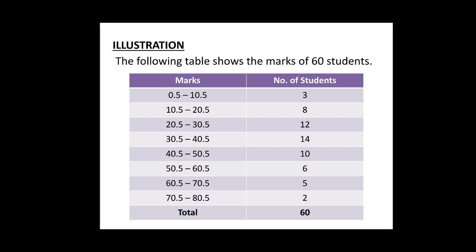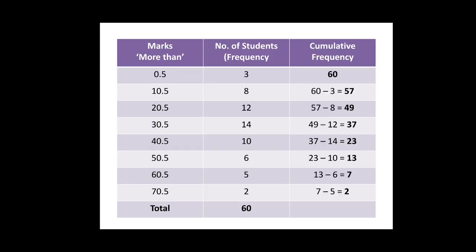Just start with the lower limits of class intervals, which are 0.5, 10.5, 20.5, 30.5, 40.5, 50.5, 60.5 and 70.5, as shown in this table here.